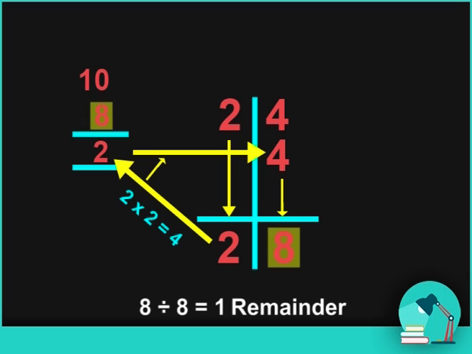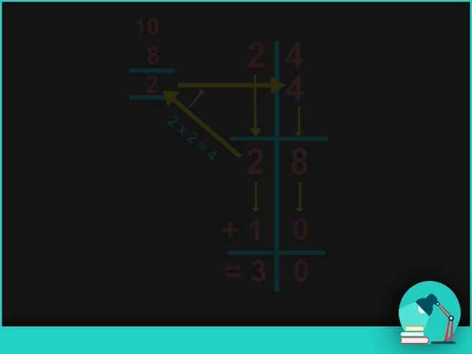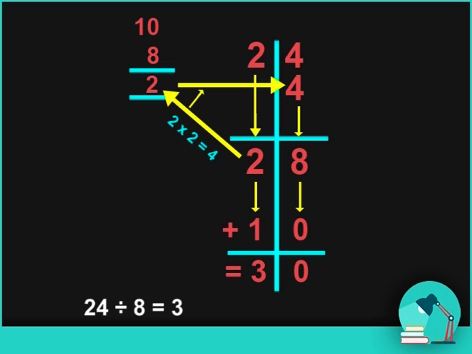The remainder is 8 in this question and the divisor is also 8. Hence, we increase the quotient by 1 unit and take the remainder as 0. Thus, when 24 is divided by 8, the quotient is 3 and the remainder is 0.